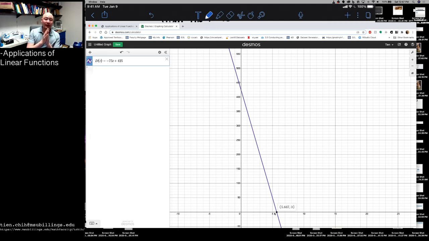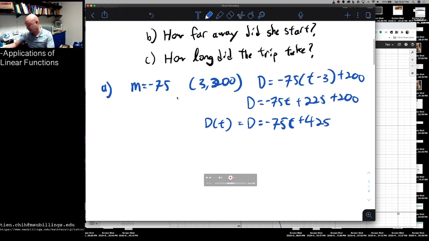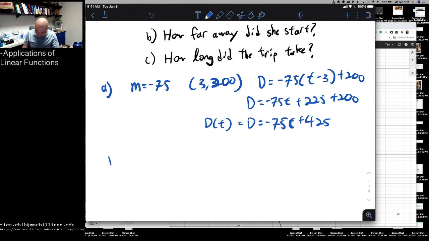And so, graphically or geometrically, we can find the solutions to these problems. And let's just go ahead and confirm them algebraically. So part B was, how far away did she start? We've already seen the solution, but let's go ahead and work it out algebraically. When she starts, time is 0.